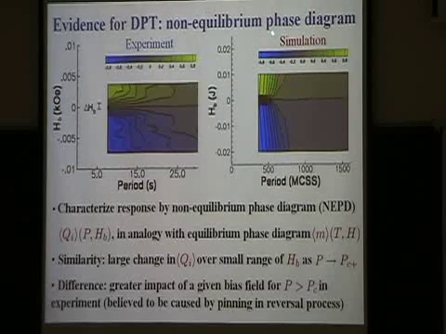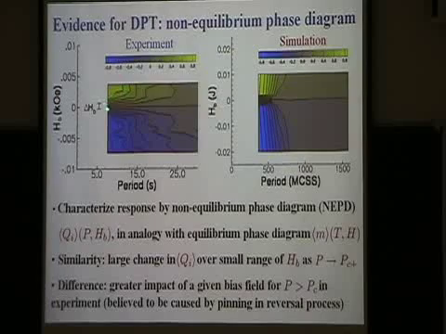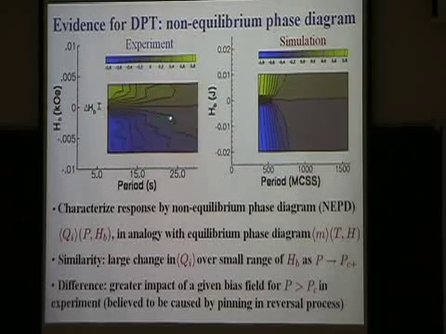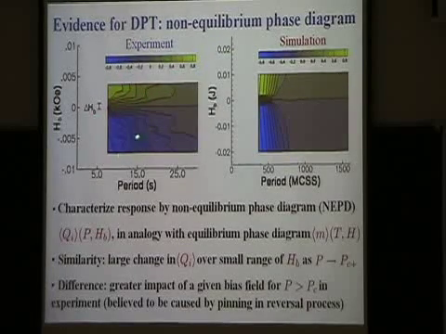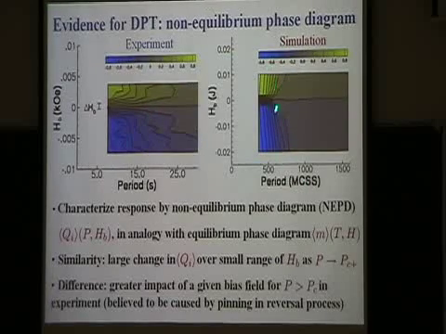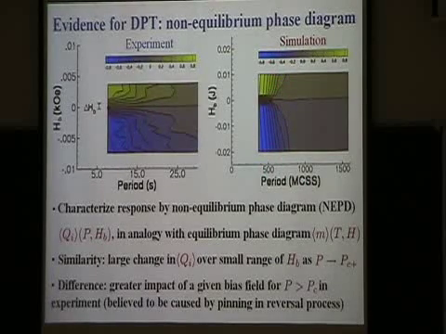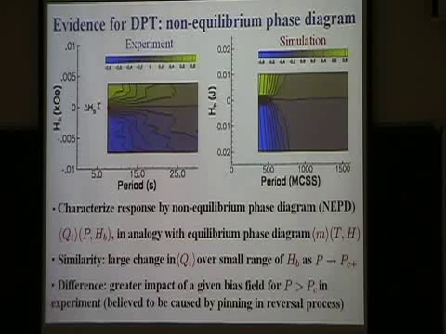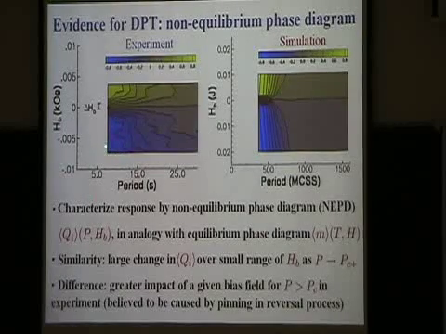In the simulations, we see something very similar. Now, this behavior is more gradual than it is for the simulation. We believe that that is due to pinning in the experimental system.